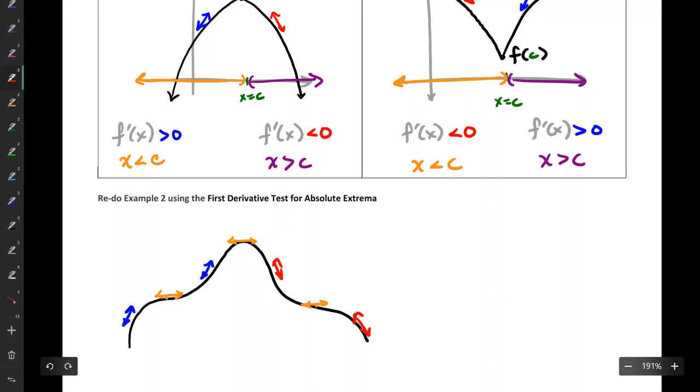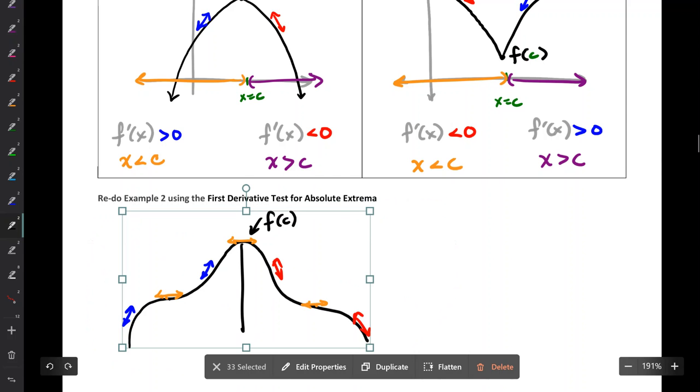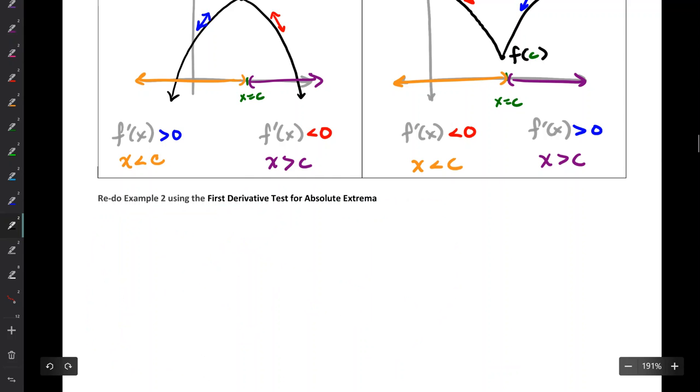If you considered the function values at these critical points and compared, you could also make a good argument for right here being an absolute maximum, for example. Okay? Now let's redo example 2 using the first derivative test for absolute extrema.